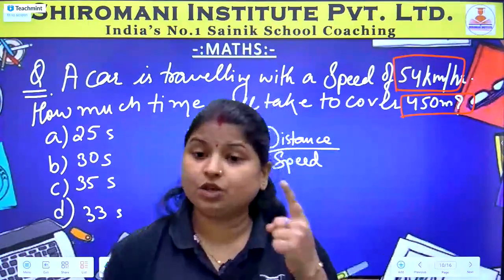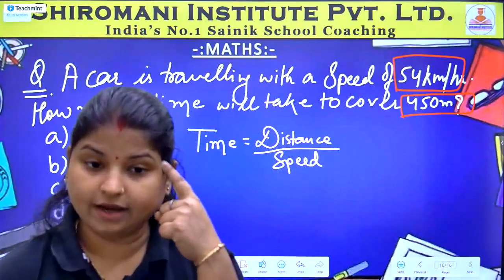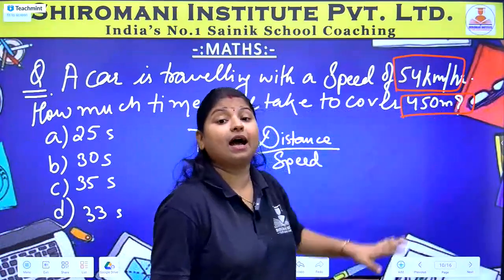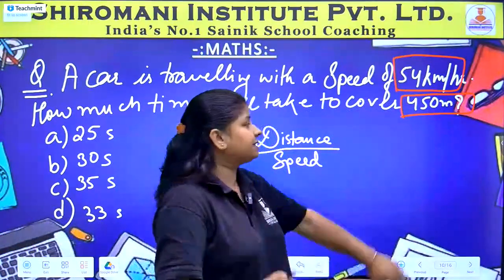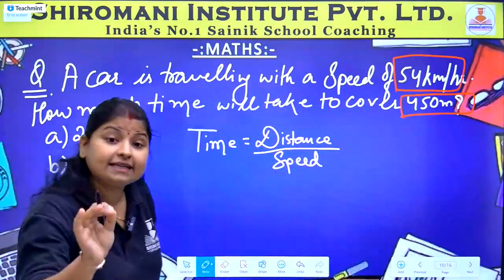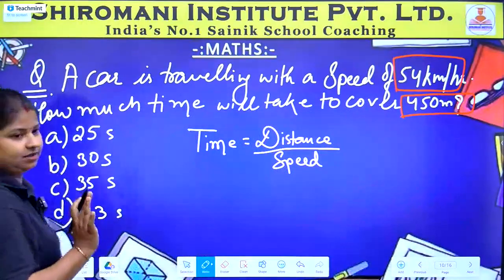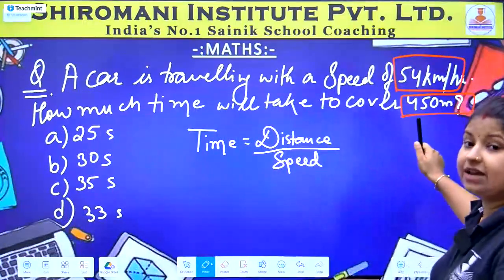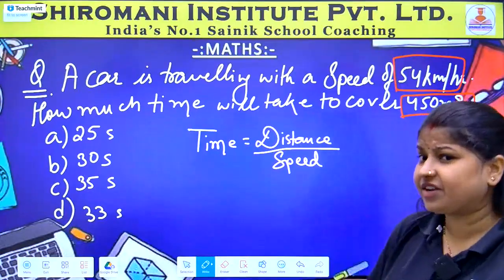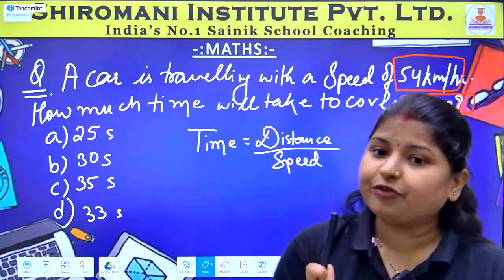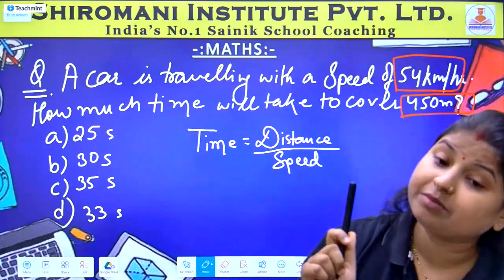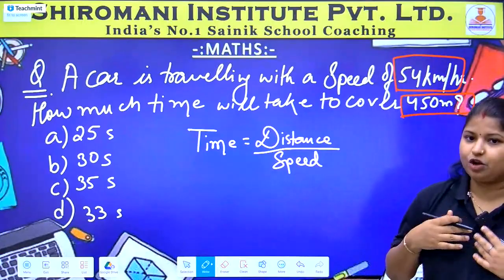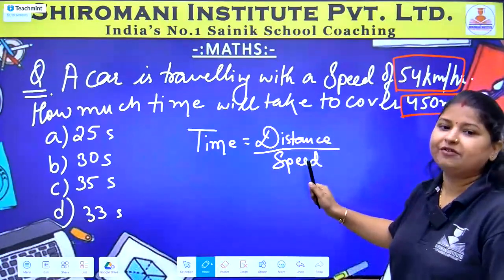But one thing you have to keep in your head, that this speed is given in kilometer per hour, and distance is given in meter. If speed was given in meter per second, I could have easily calculated my answer, because I cannot write 450 upon 54 here.